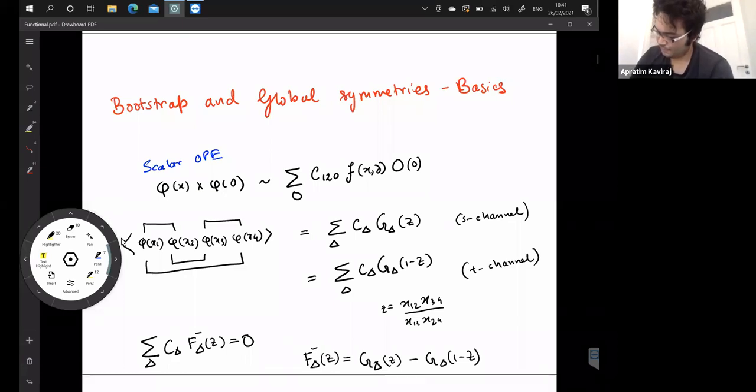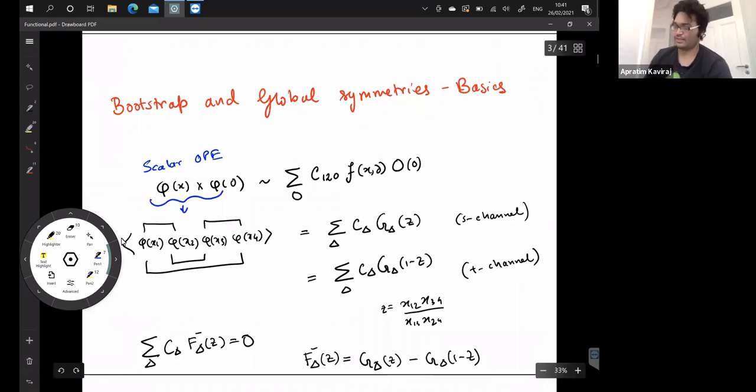And you can use this 2-point OPE in any general n-point function, especially here I have written out a 4-point function of scalars. What you can do is use this OPE to expand two scalars, the first and second, or the third and fourth.